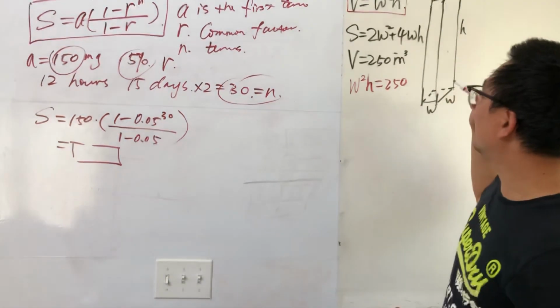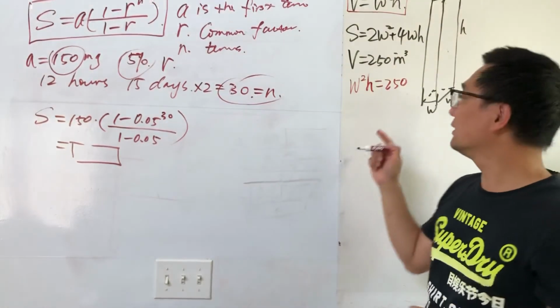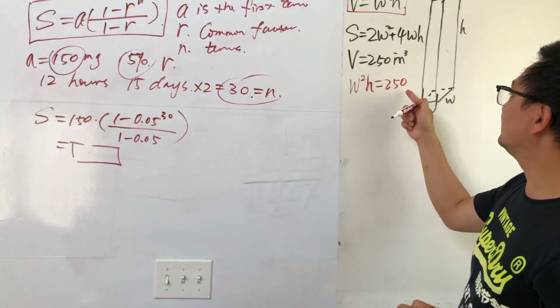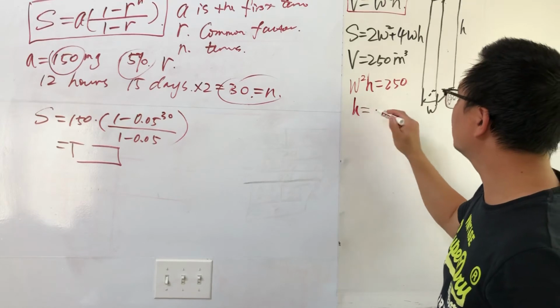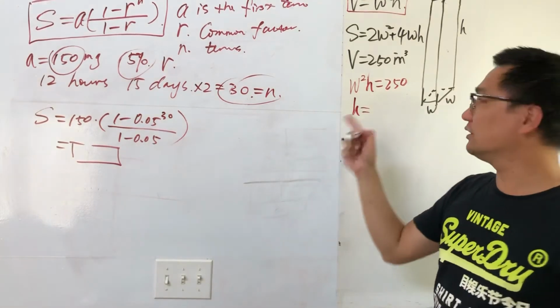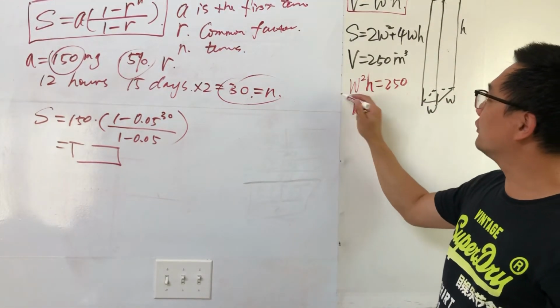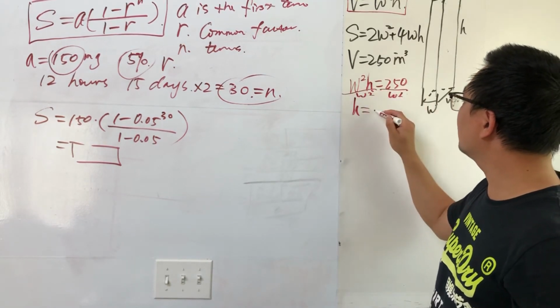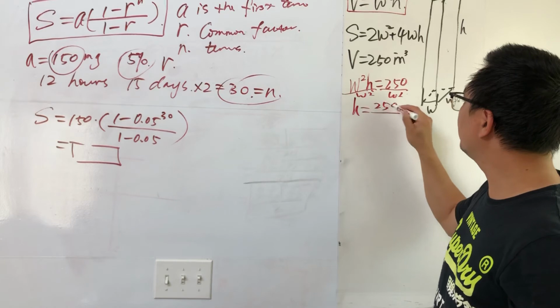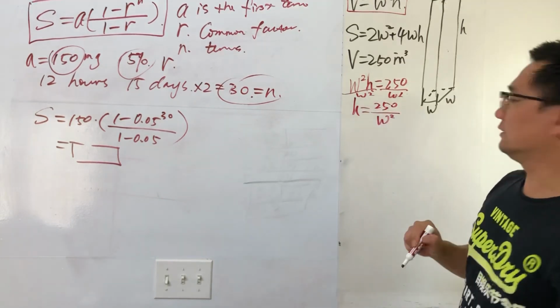Okay, so now 250, and now you can change. Looking for H, how can we find H? You have to divide by width square, that means the height is 250 over width square.